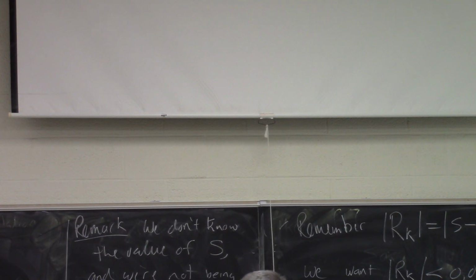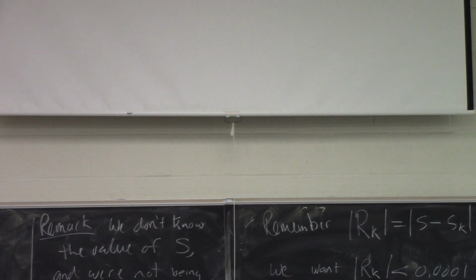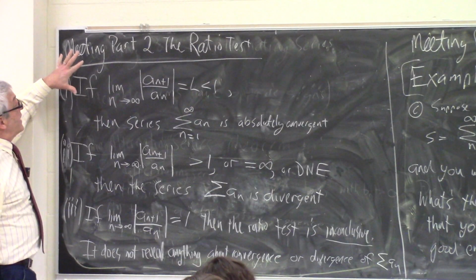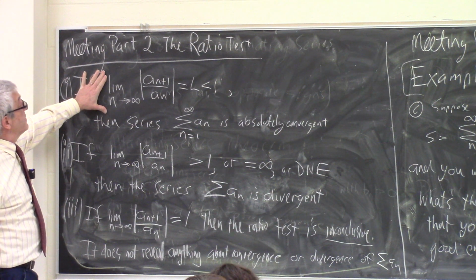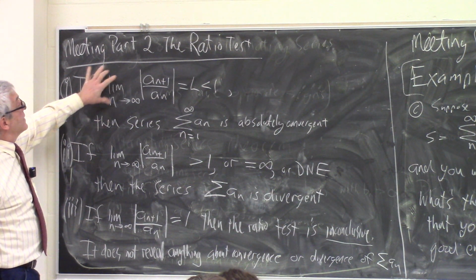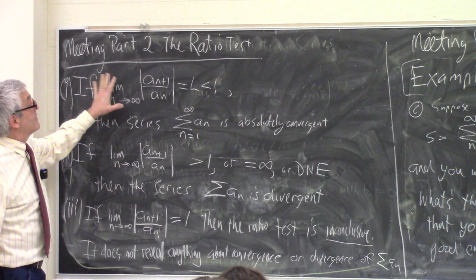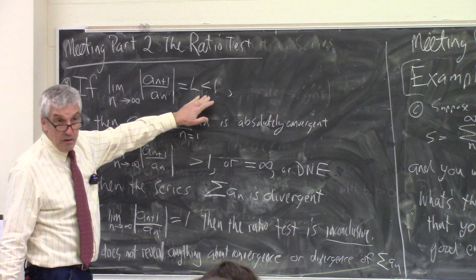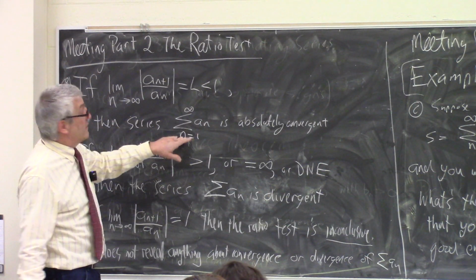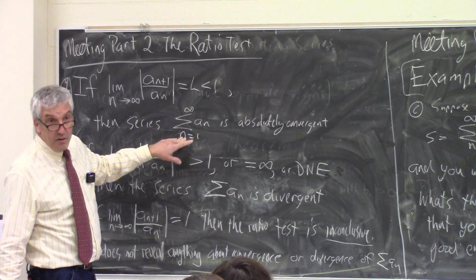All right, now that's meeting part 1. Meeting part 2, I want to talk about the ratio test. If you have a sequence for which the limit of the absolute value of the ratio of successive terms is some number less than 1, then the series that you build from that sequence is absolutely convergent.